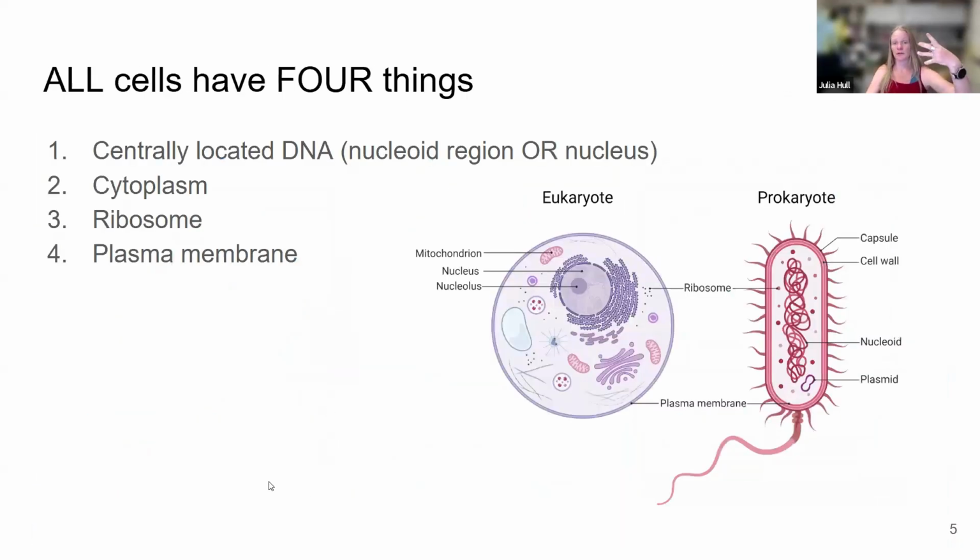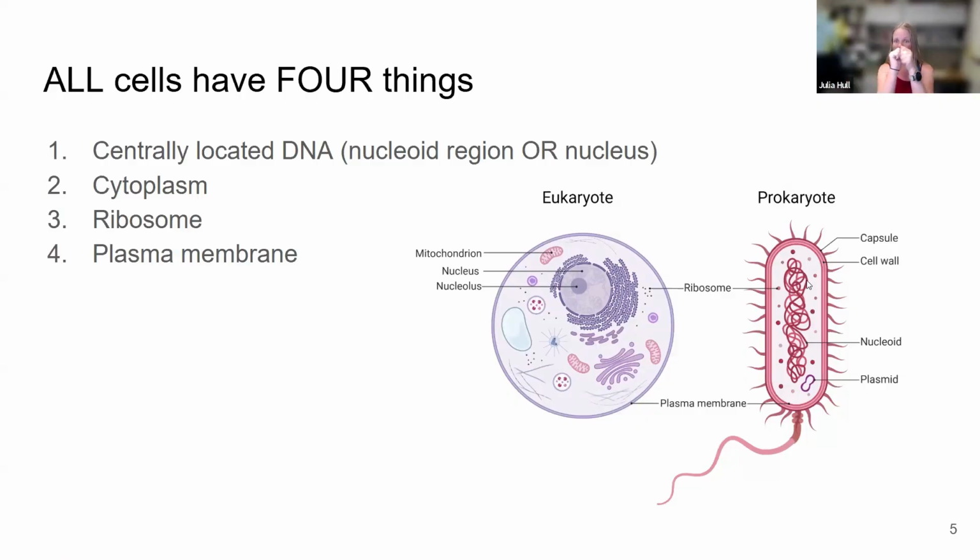All right, so let's talk about those 4 structural components that all cells have, whether you're a prokaryote, whether you're a eukaryote, whether you're an animal cell or a fungal cell or a protist or whatever. All cells are going to have DNA that's either located in the nucleoid region in the case of prokaryotes.